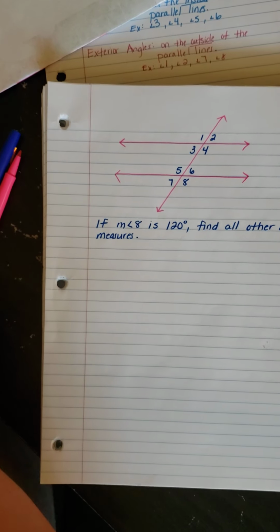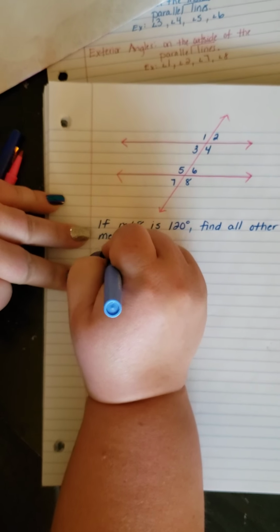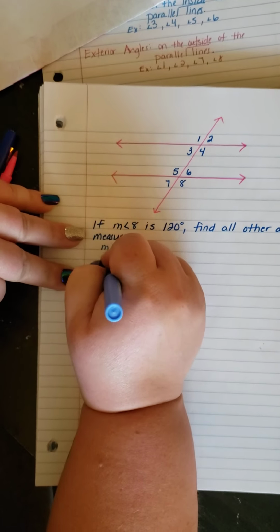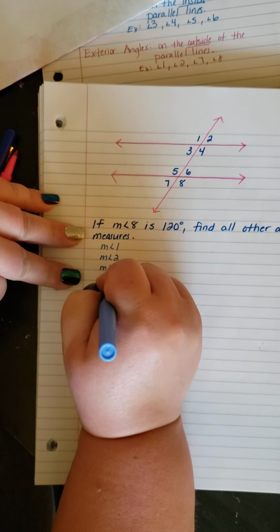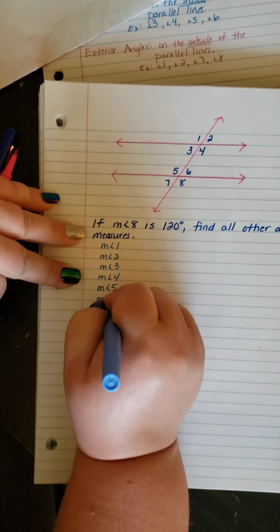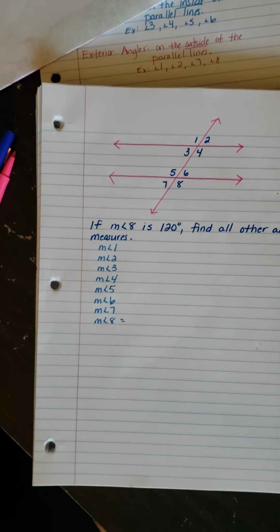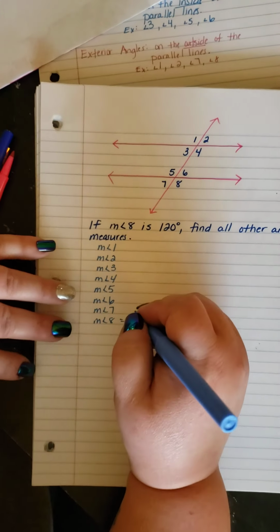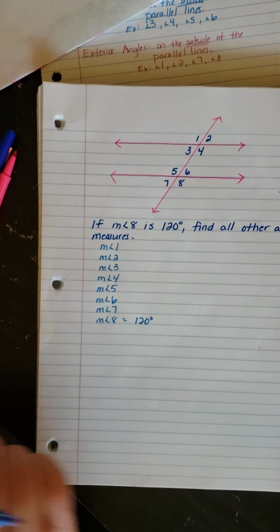Now, I know that I'm a big nerd, but this stuff is super fun for me. So the measure of angle 1, measure of angle 2 and 3, 4, 5, 6, 7, 8. I know the measure of angle 8 is 120 degrees. So what else do I know?